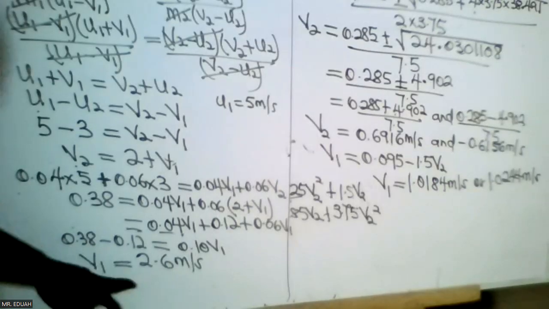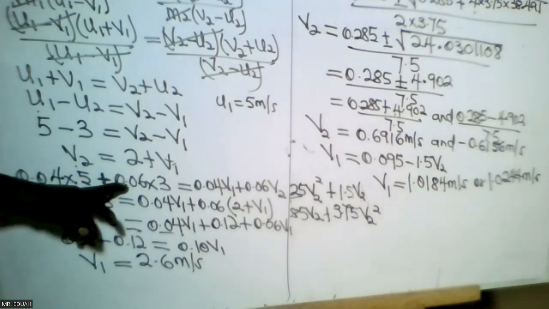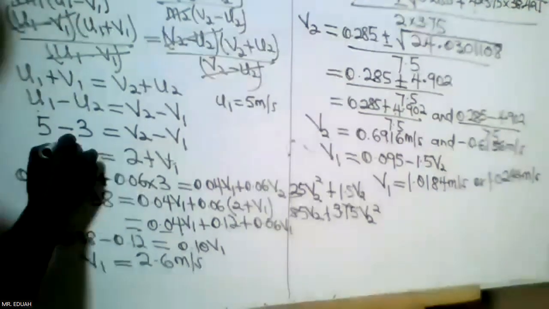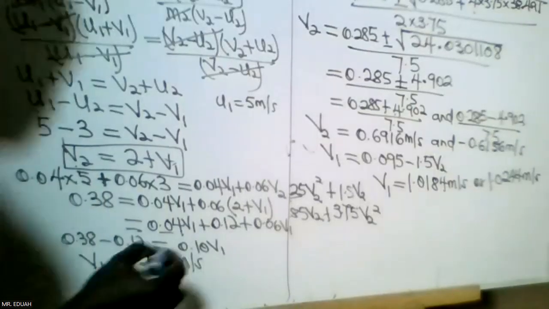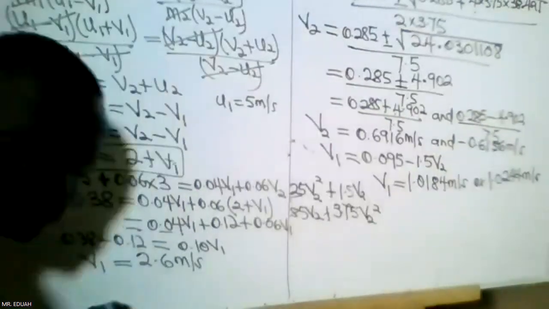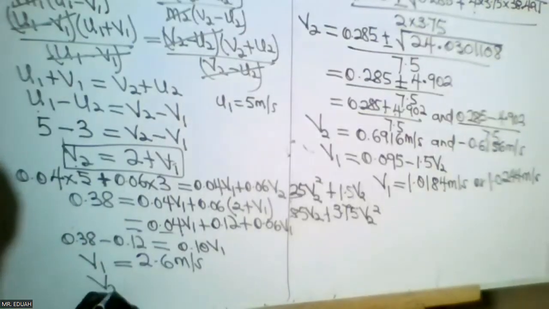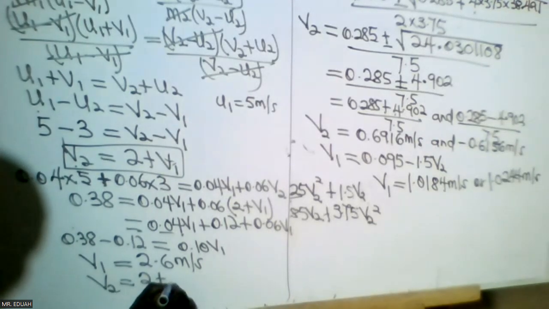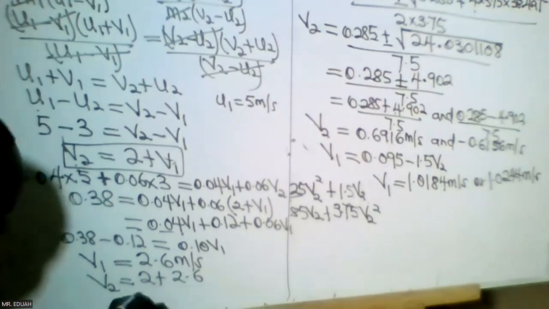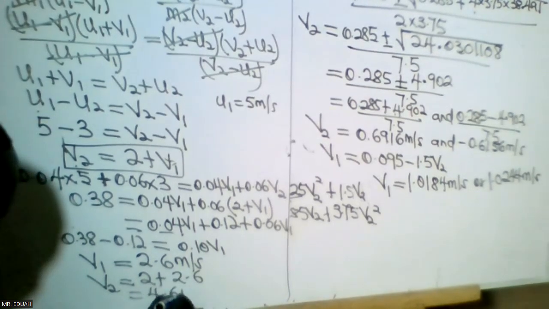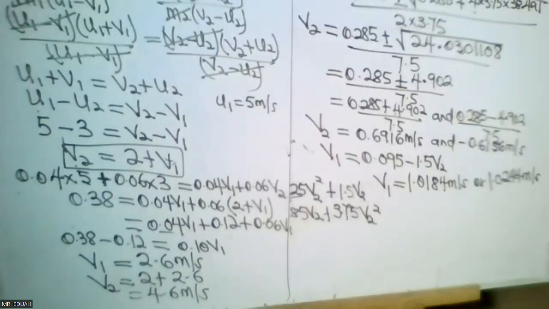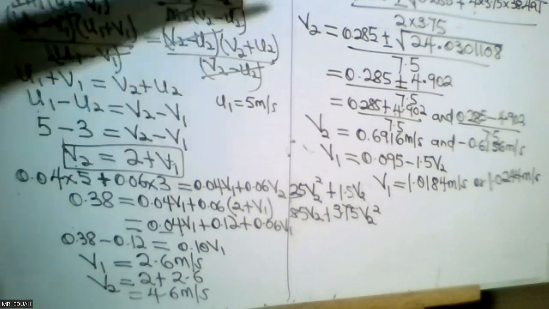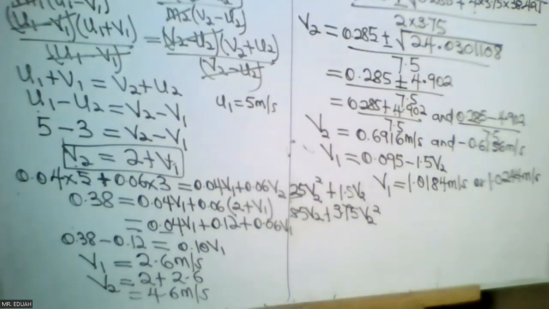Once you have V1, you can easily find V2 using this equation. V2 would be equal to 2 plus V1, which is 4.6 meters per second. It means in our calculation using the almighty formula, something went wrong. But these are the answers.